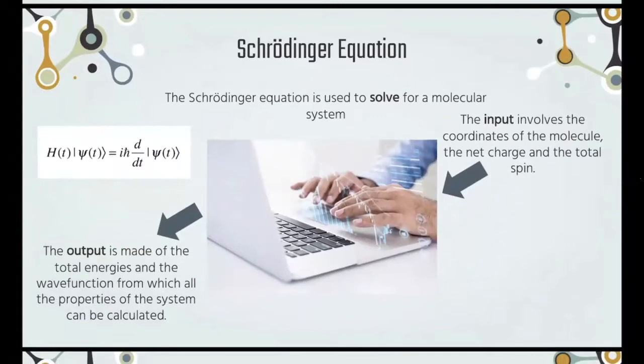Here, I just put a brief introduction as to what the Schrodinger equation is. I didn't want to go into depth into the equations because we saw it already. It is used to solve a molecular system.